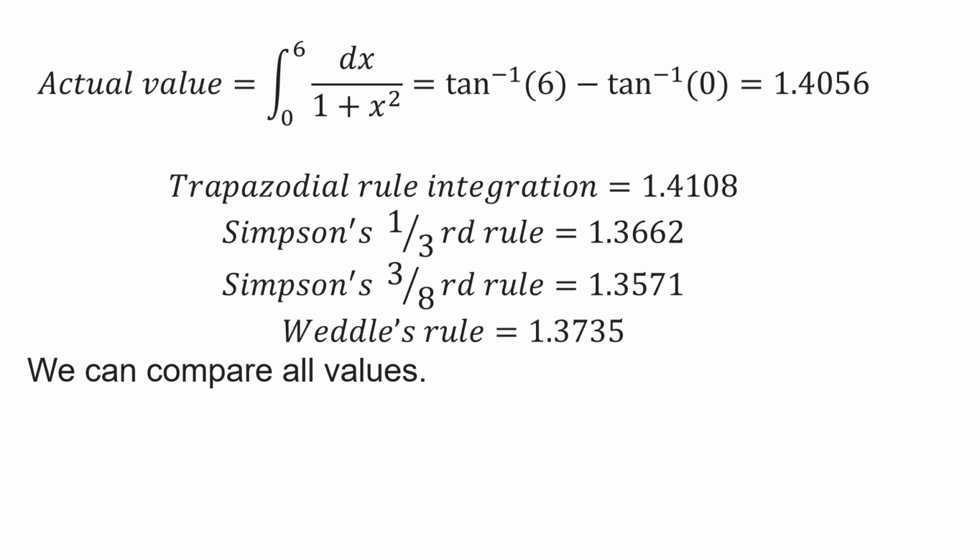You can see here 1.4056 and 1.4108. Or you can check with the help of errors also. Error you can calculate. So in this way, we can do numerical integration with the help of different methods. Thank you.